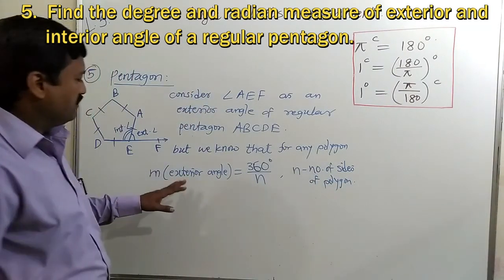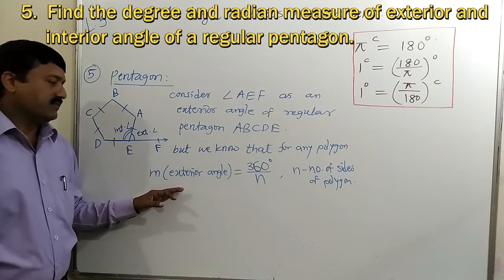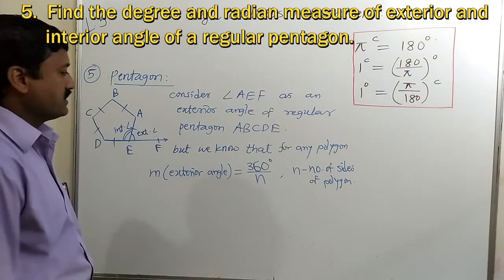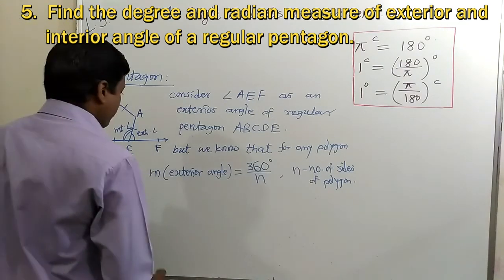Instead of the interior angle, remember this exterior angle formula. It is very simple. It's 360 upon n.